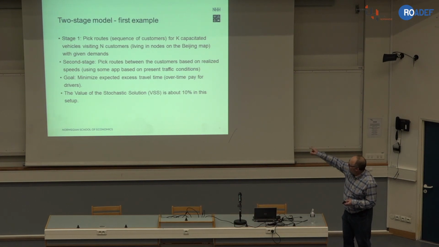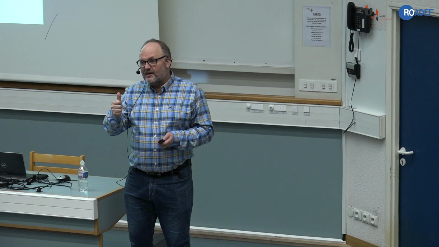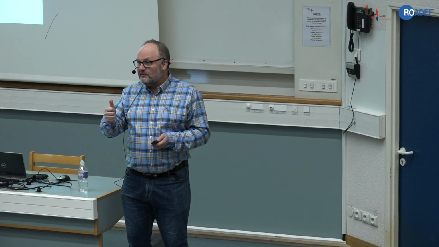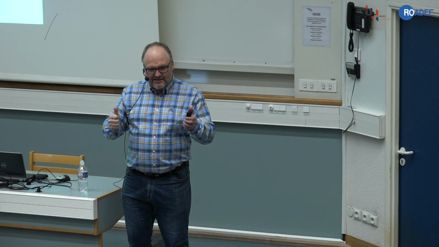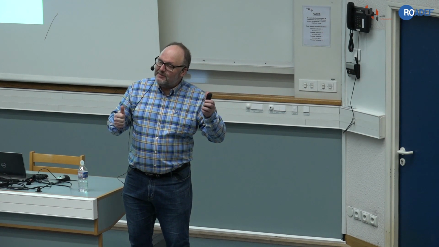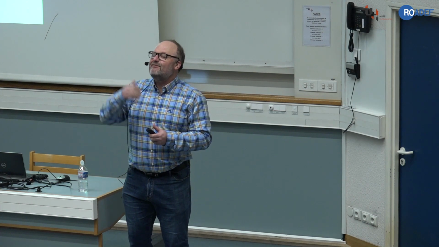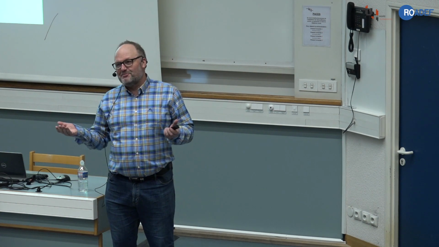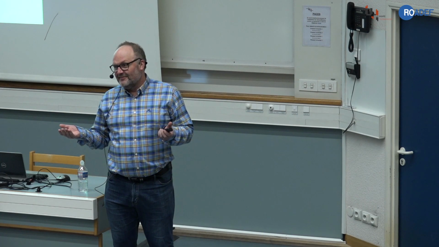So what does this funny sentence mean if you haven't seen it before? It means that the expected behavior of the solution from the stochastic model is about 10% better than the expected behavior of the solution from the deterministic model applied in the stochastic setting. Because even if you have a deterministic model, you still are subject to the stochastics when you drive, right?